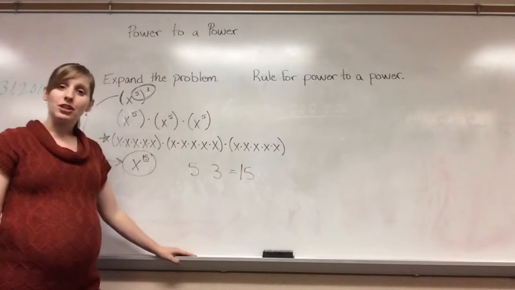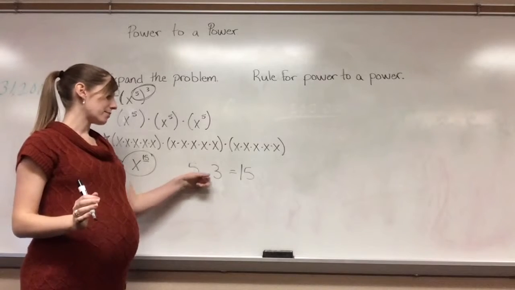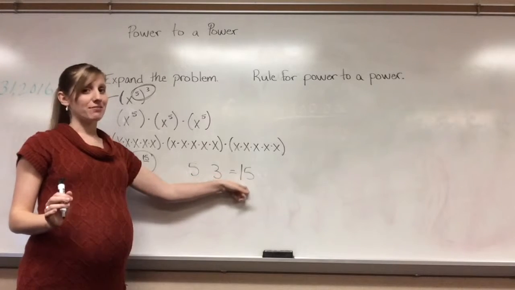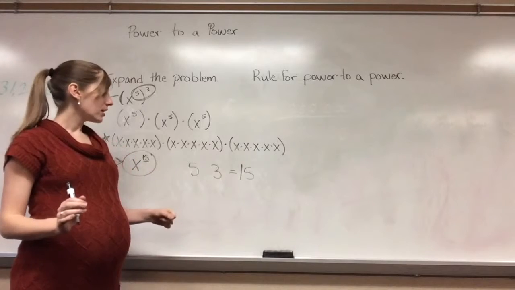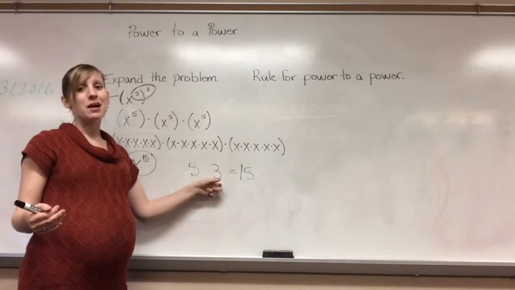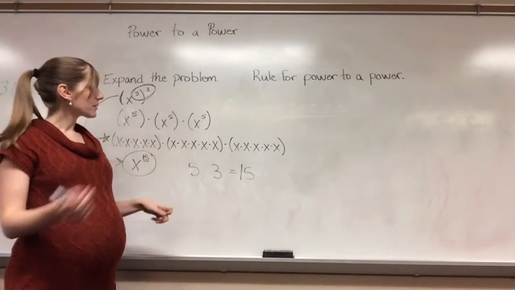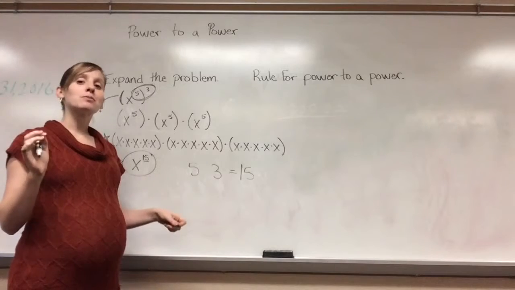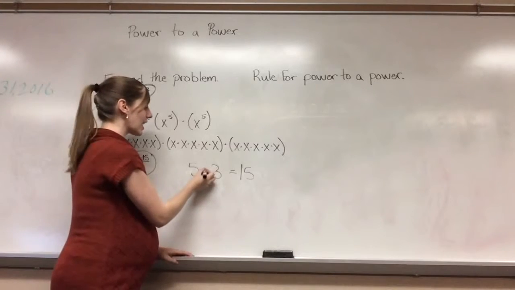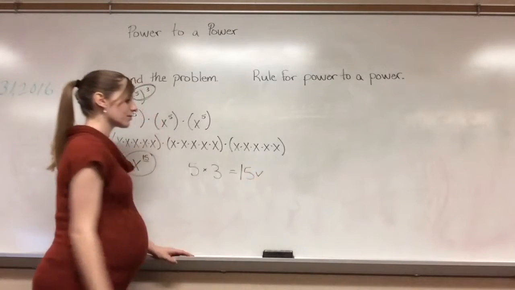Well, we did addition when it was a multiplication problem. We actually added the exponents, 5 plus 3. But 5 plus 3 would give me 8, not 15. For division, we actually subtracted the exponents, 5 minus 3, but 5 minus 3 is 2, even further away from 15. Looking at this, if I use multiplication, 5 times 3, that would give me 15.